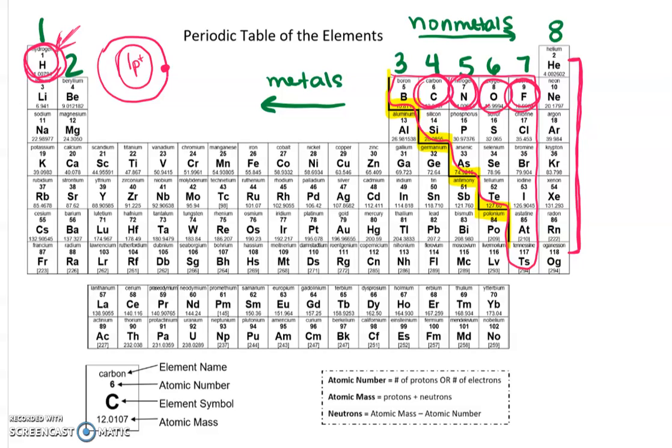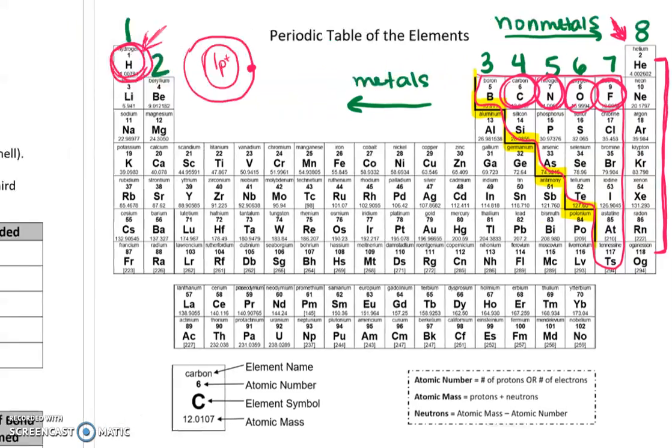So really, hydrogen only wants to make 1 bond in order to fill its valence shell, so that it could be more like helium here. Okay, so it only makes 1 bond.